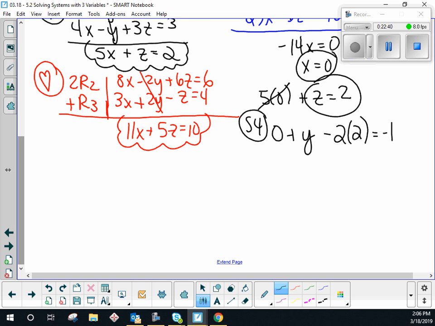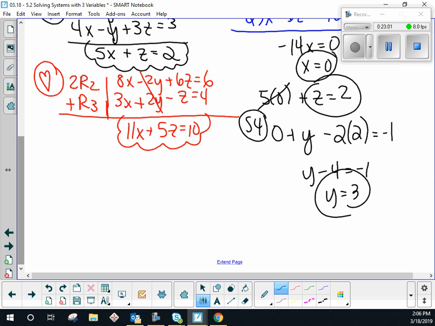I feel like I did something wrong. Did I get that? 0. y minus 4 equals negative 1. Add 4, y equals 3. Is that what y'all got? Okay. And how many of you stopped right here and did not write your answer as a point? You don't have to admit that if you don't want to.